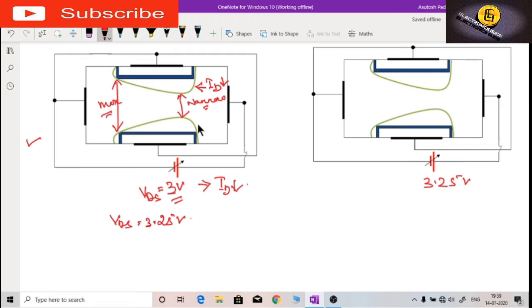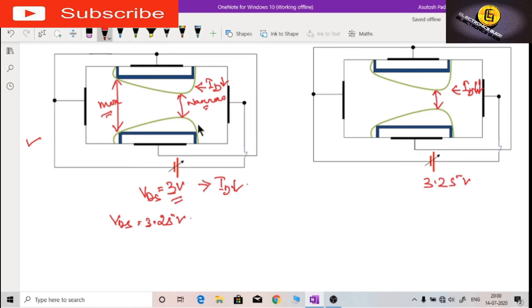See the right sided figure. When we are increasing the VDS value from 3 to 3.25 volt, the depletion region is more tapered at the drain end, making the channel further narrower, which results in lower ID value, further reduced. That means when we are increasing the VDS value, instead of increasing at the previous rate, ID decreases.